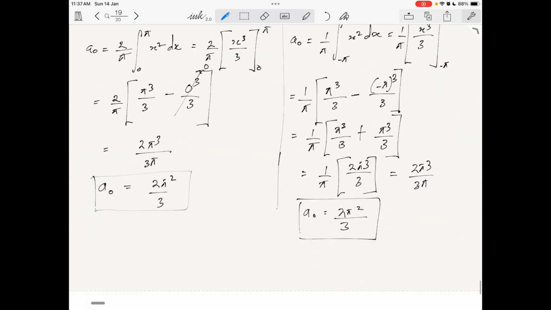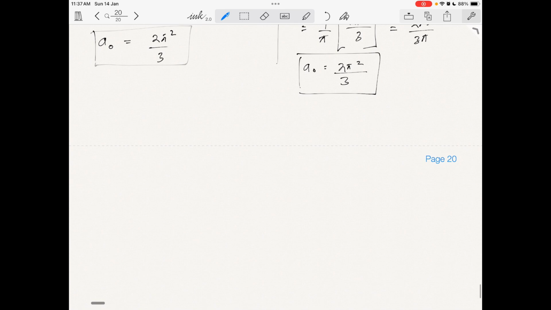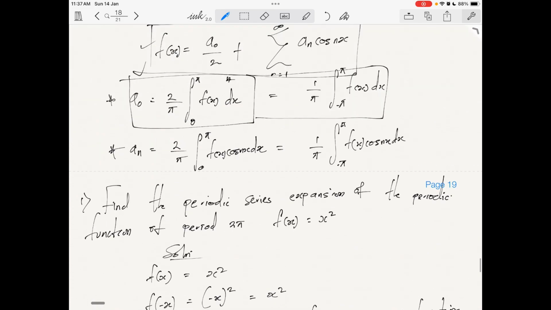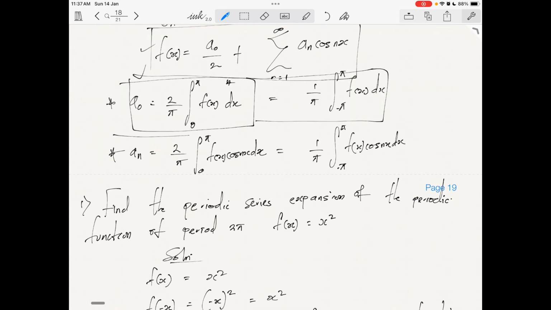Now, the next thing to do is to evaluate an. an is equal to what? From the formula, you can see that an is equal to this.